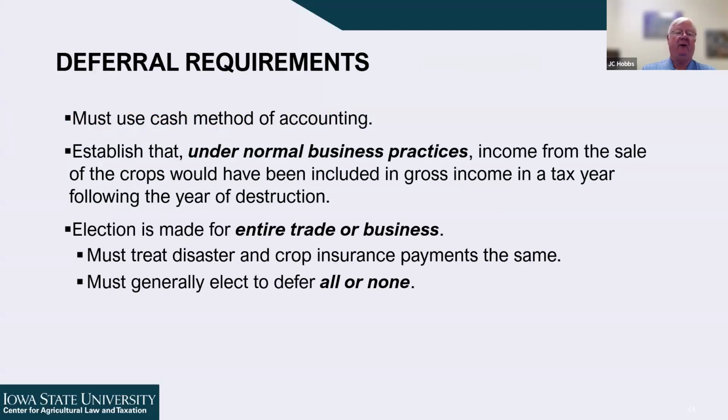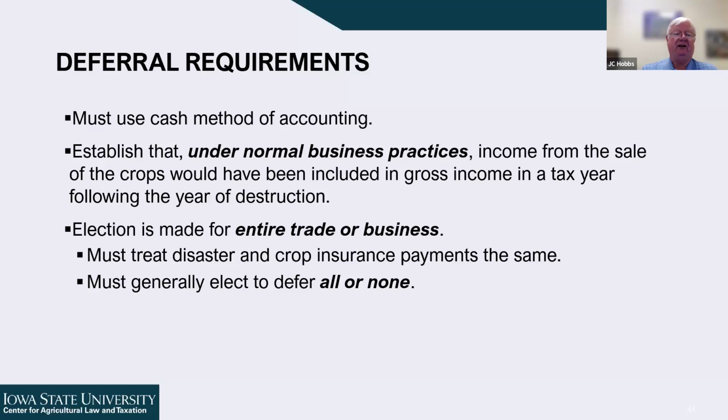So in order to be able to defer that, we have to use the cash method of accounting. What does that mean? Well, the cash method of accounting, 98% of our farmers, probably a little higher than that, use the cash method of accounting, not the accrual. So cash method of accounting simply means that the moment I receive a check, it's includable in income that year.